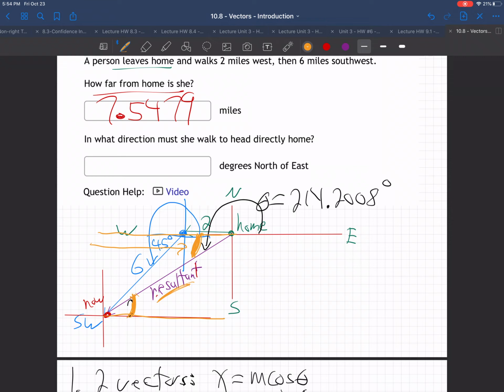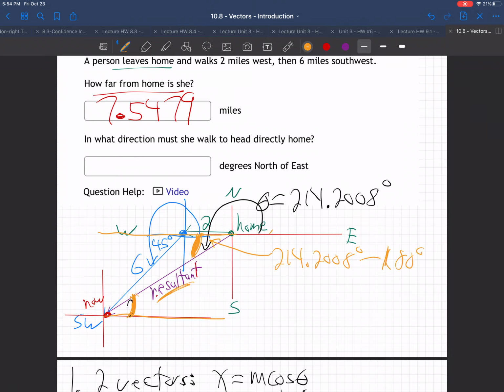Yeah, because it's 180 to here, right? So this angle here has got to be the 214.2008 degrees minus the 180, doesn't it?